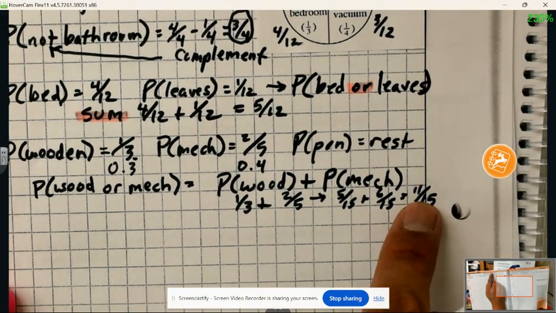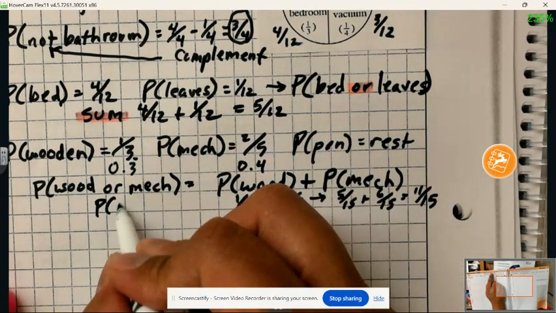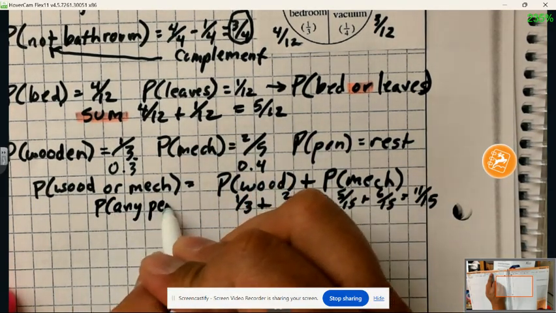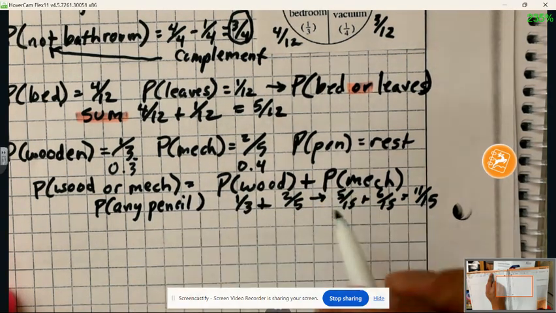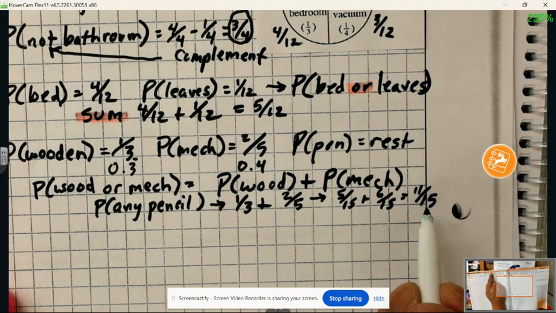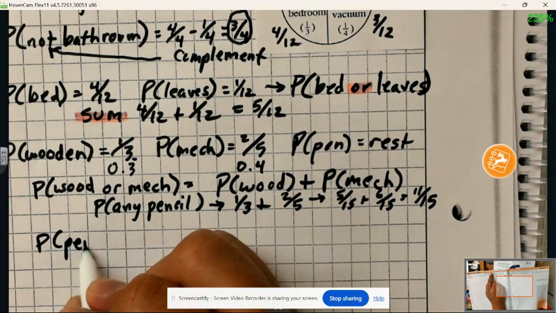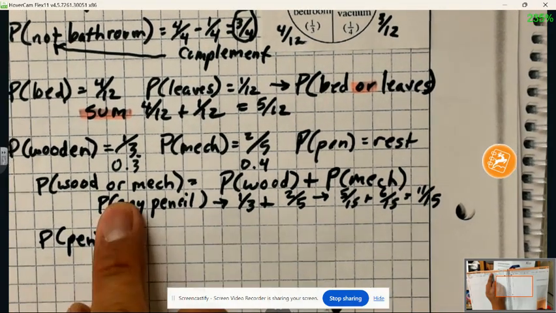Okay, so this is the probability of getting a pencil. This is the probability of any pencil, 11/15. And then the probability of getting a pen, so let's figure that out. What is the probability of getting a pen, which is the complement of getting a pencil?